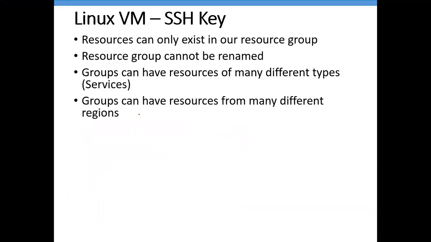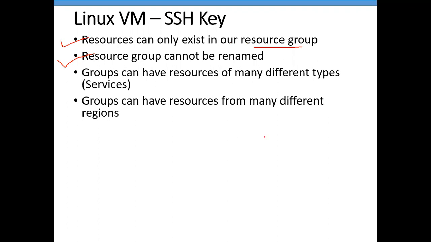Before moving forward, let's discuss something more about resource groups. Once we create our resource group, it is not possible to change the name of our resource group. Resources can only exist in a resource group, like a virtual machine, storage account, or whatever other type of resources we are going to create. For those resources, it is mandatory to have one. I already told you it is like a folder.